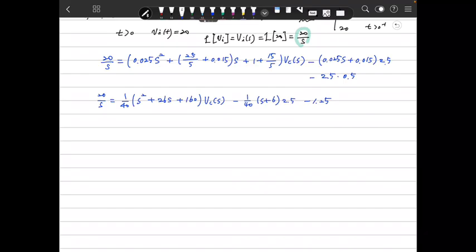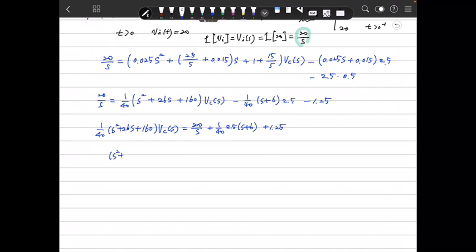So we need to simplify this equation to get the VCS. So 1 over 40 and s squared plus 26s plus 160 VCS was 20 over s plus 140, 2.5 s plus 6 plus 1.25.